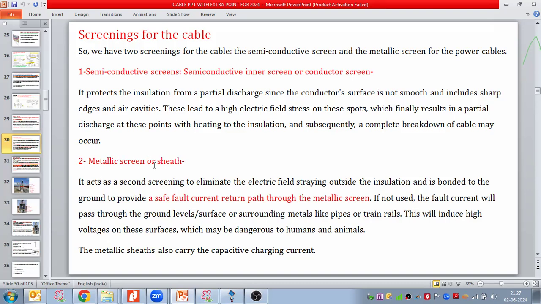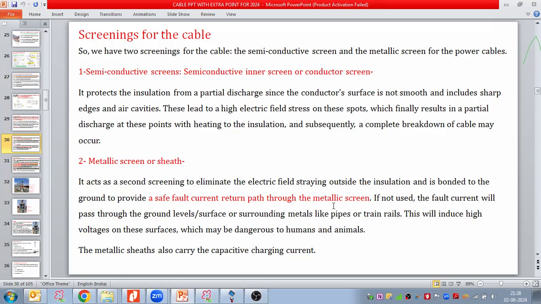This metallic screen is a metallic part, meaning current can flow through it. It acts as a second screening to eliminate the electric field stress outside the insulation, and it is bonded to ground to provide a safe fault current return path, or a safe path for the fault current to flow through the metallic screen.